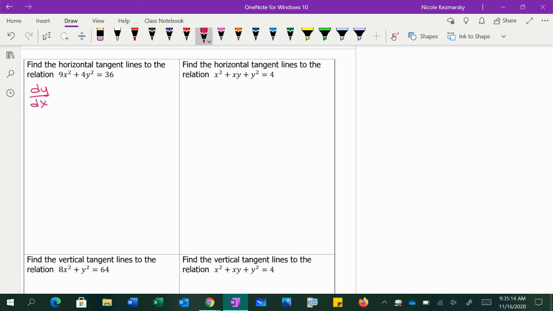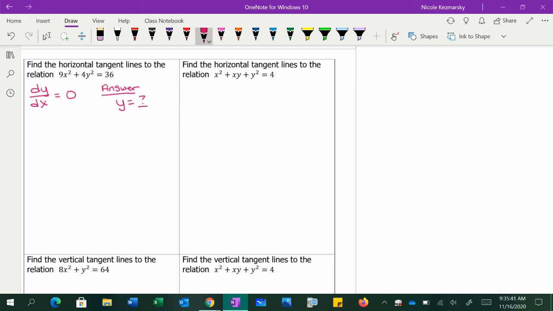So the slope equals 0. And our answer should look like a horizontal line. So it should be y equals something, whatever that may be, because horizontal lines, since they go side to side, have the format y equals a constant.